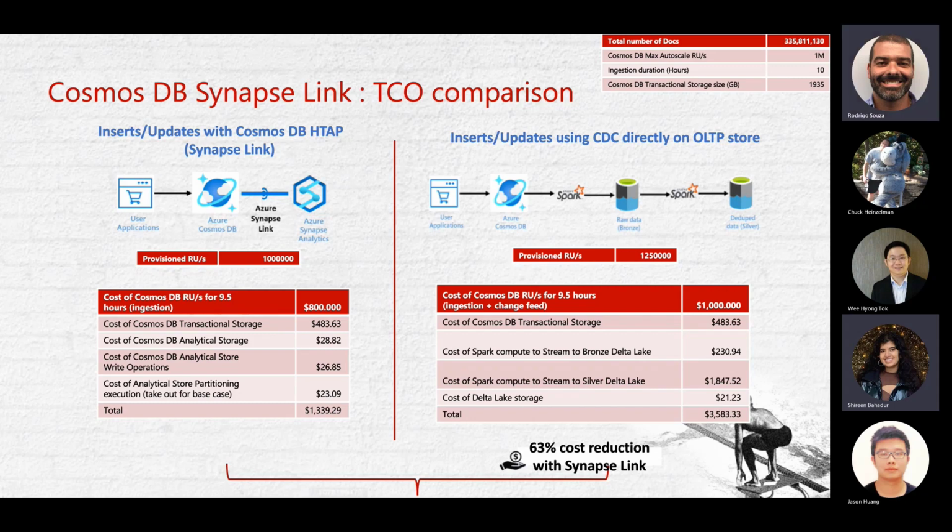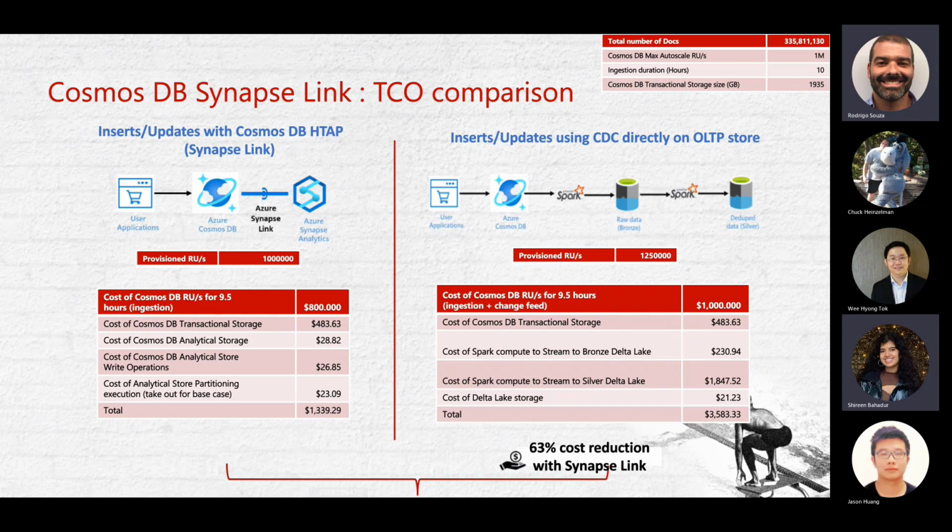On the left, we can see the costs and the reads using Azure Synapse Link. At the end of the day, the total cost for data ingestion and to process the data and generate golden records of the workload would be close to $1,339.